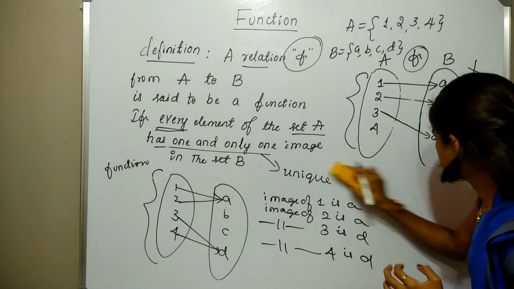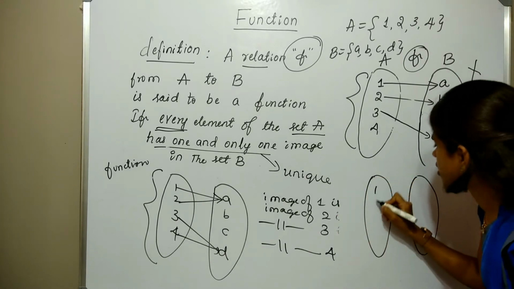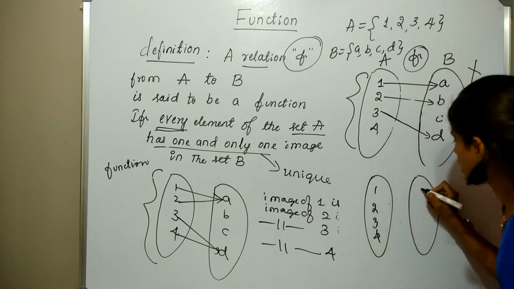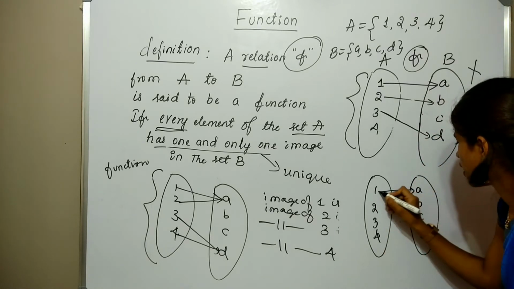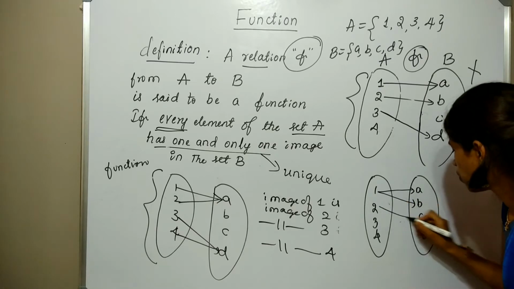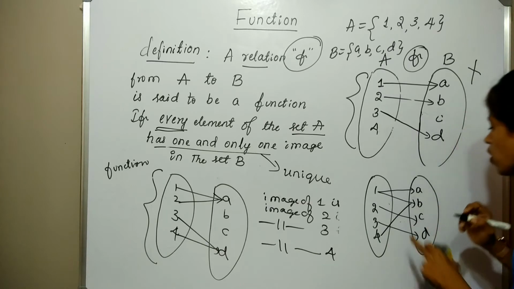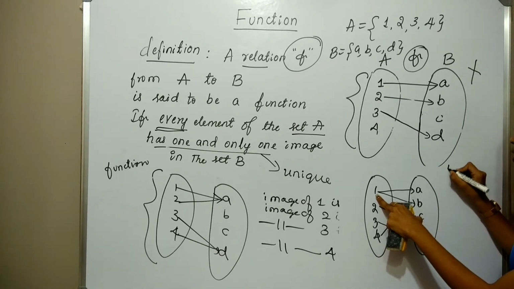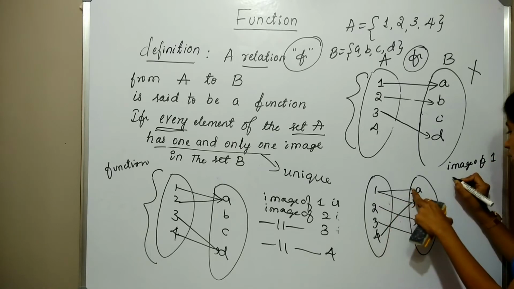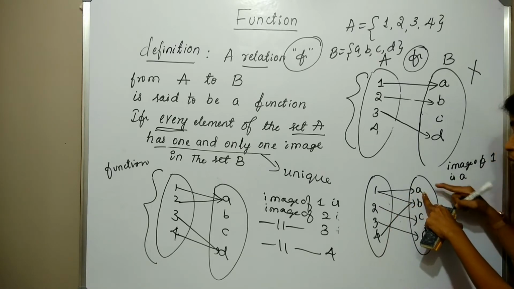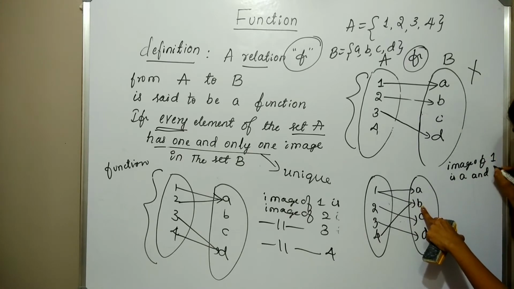If I take 1, 2, 3, 4 and a, b, c, d, with 1 related to a, 1 related to b, 2 to c, 3 to d and 4 to b, what is the image of 1? The image of 1 is a, but not only one image: 1 has two images, namely a and b.